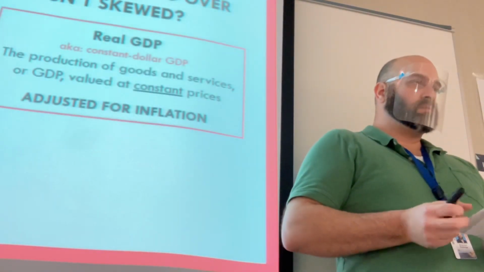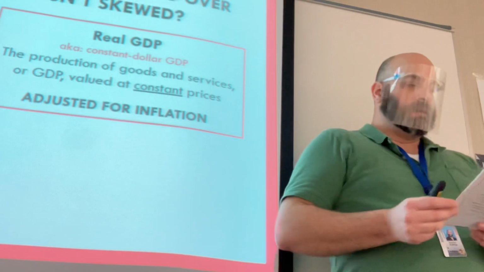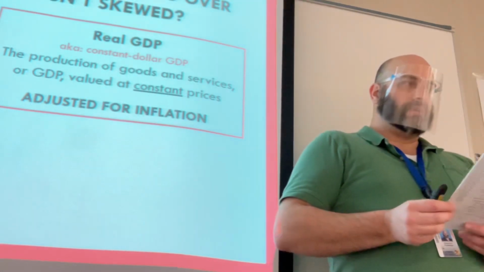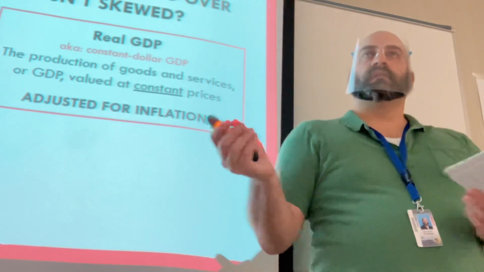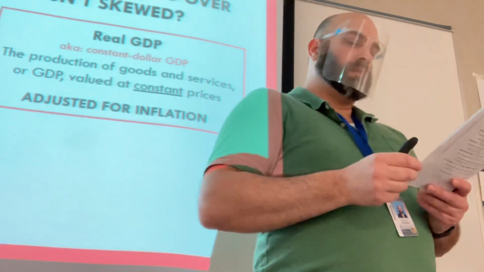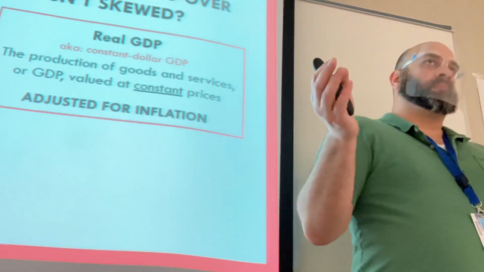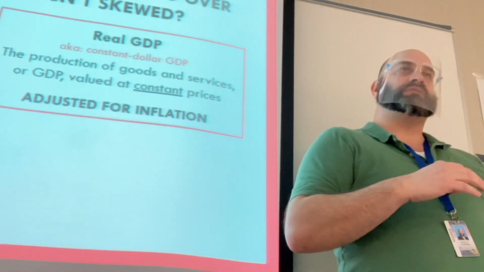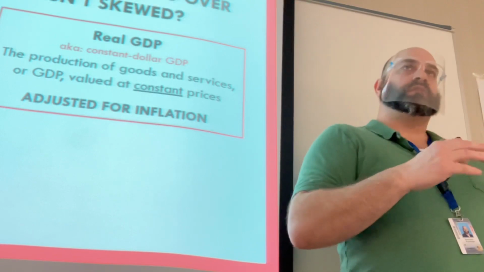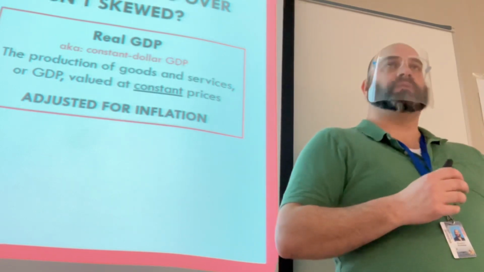So nominal GDP and real GDP. Nominal is like if you take a $100 bill. If you look at it from the nominal way, that $100 bill has always been worth $100.